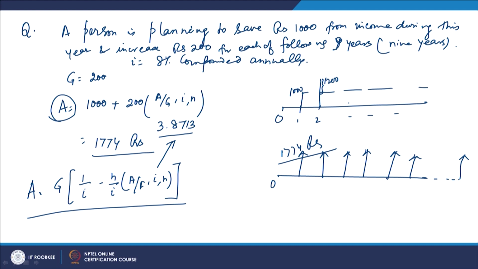So if you put i as 0.08 and n as 10, you will get this factor and that can be calculated. And if you see this A by G i n from the table, from there you will get 3.8713. So that way you can calculate these values.